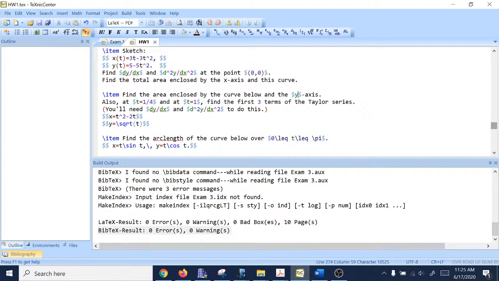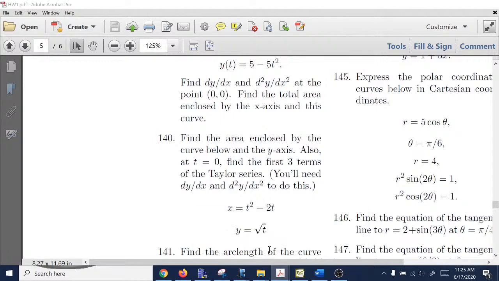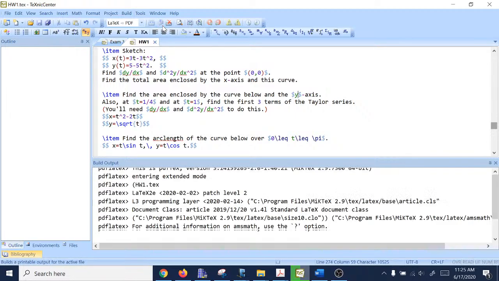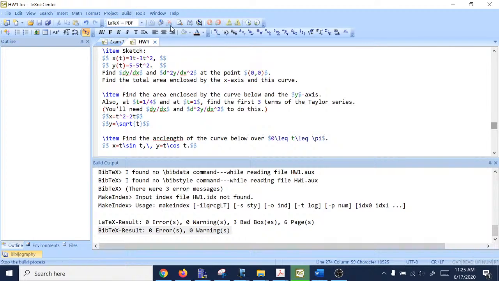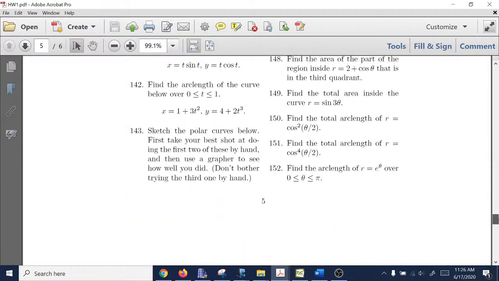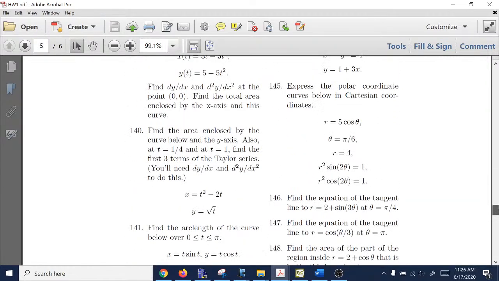Oh, did I already change the problem? This version looks different than that. When did I change this?